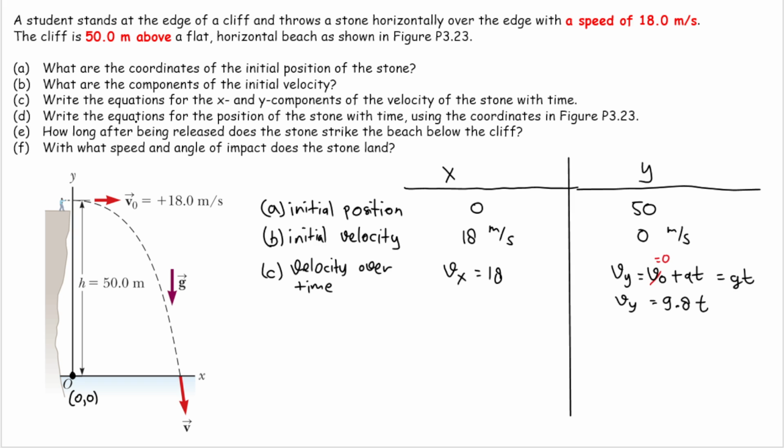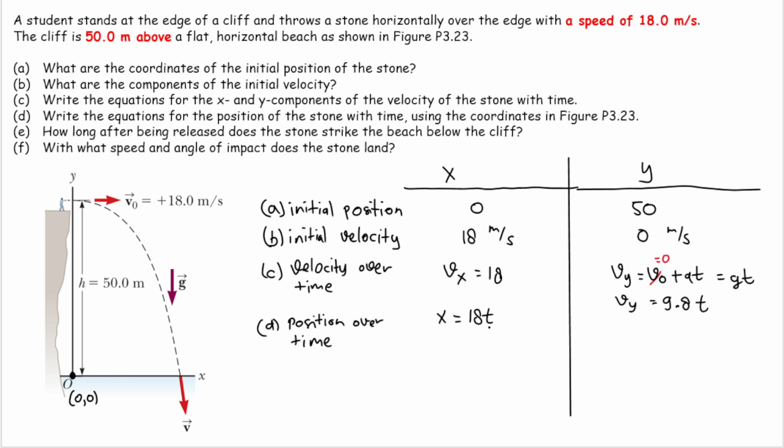And then for question D, write the equation of position of the stone with time using the coordinates. So D is position over time. The position over time here in the x direction, we have constant velocity. So we can just use x is equal to the velocity multiplied by time, so I'll have 18t.